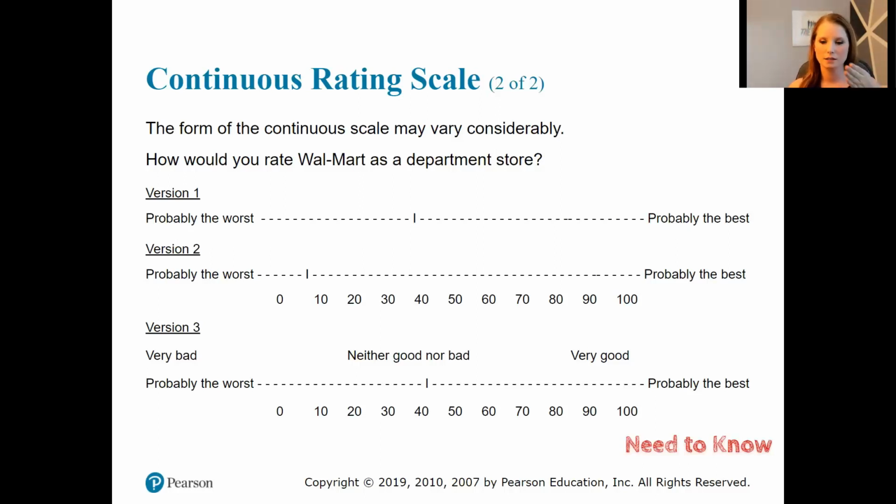We could add in some scaling points of 0 to 100 so that they have some points of reference. Or we could put in some additional descriptors, probably the worst and have very bad, neither good nor bad in the middle, and very good, and then probably the best. So we could utilize it in any of these ways.